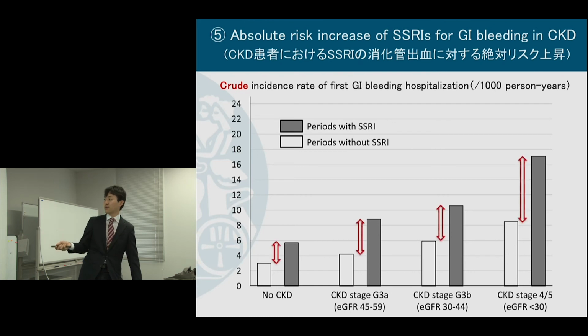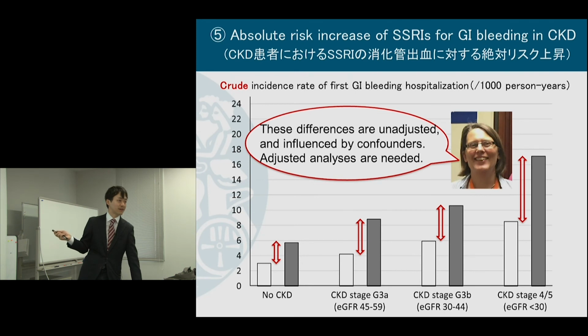So I wanted to discuss, based on this result, that SSRI is not recommended in patients with lower kidney function. But my supervisor came again and said these differences are unadjusted and influenced by confounding factors, and adjusted analysis is needed.